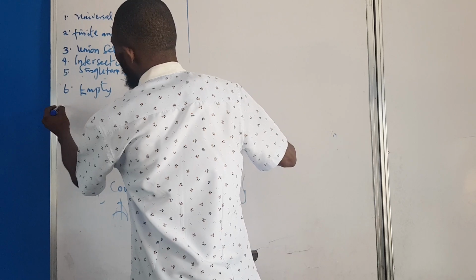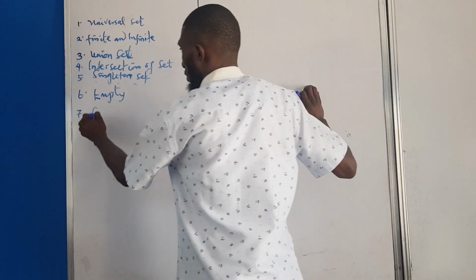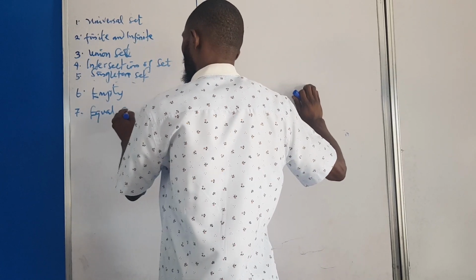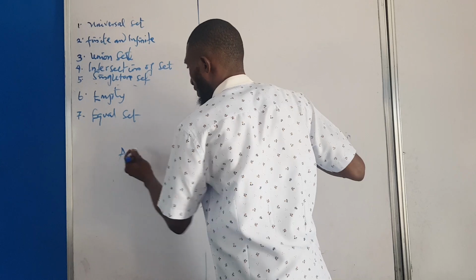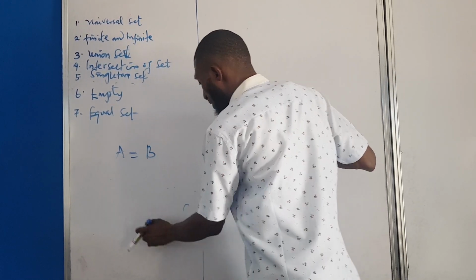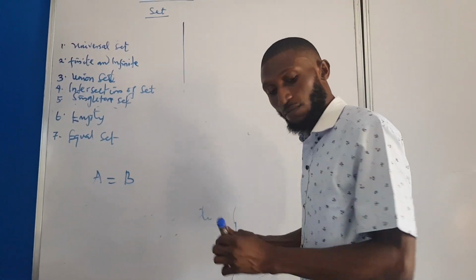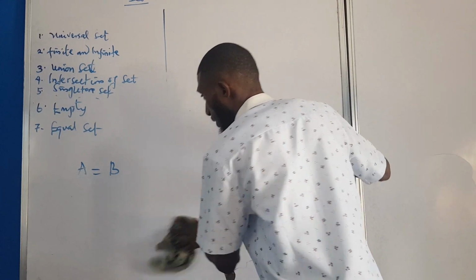So the next one we have here is equal sets. If you have set A equal to set B, what can make them equal is if they have the same elements in each set.